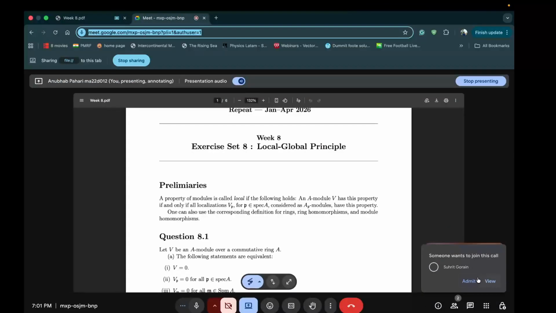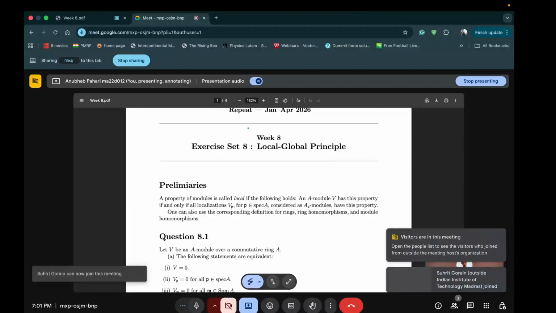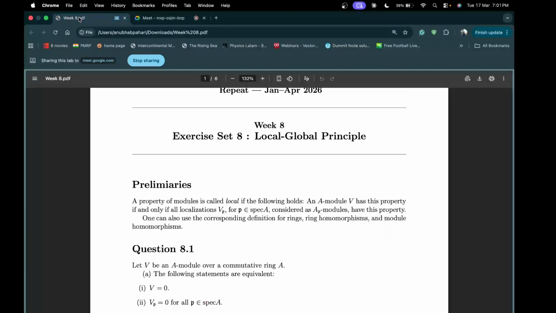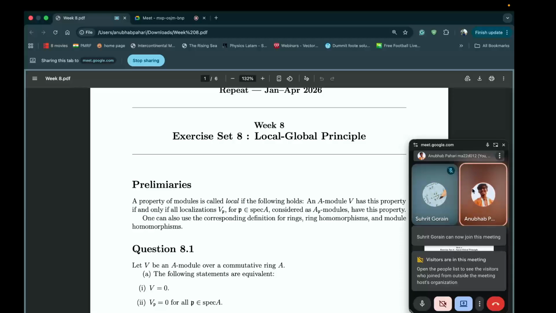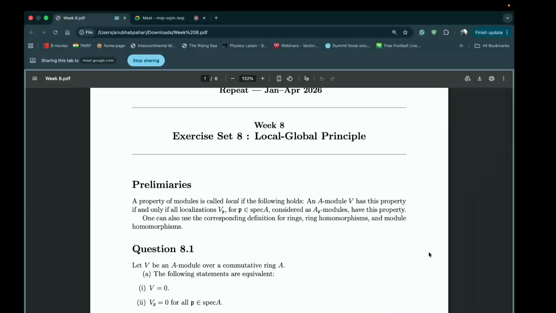And one can also use the corresponding definition for rings, ring homomorphisms and module homomorphisms.